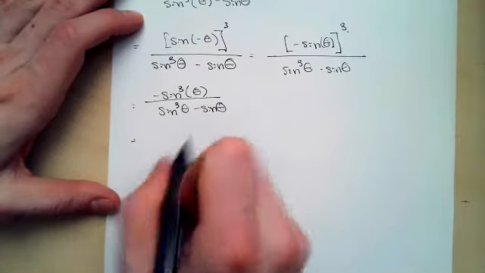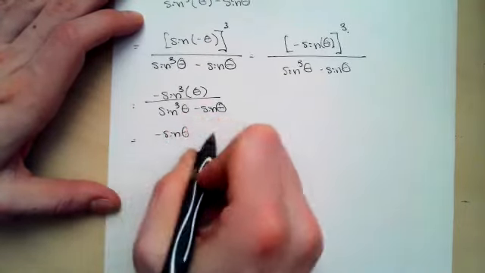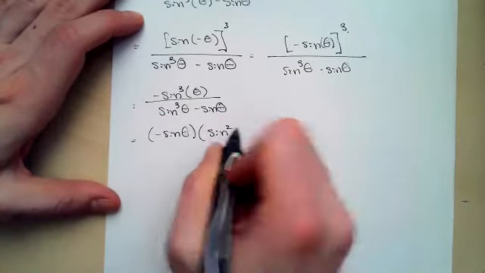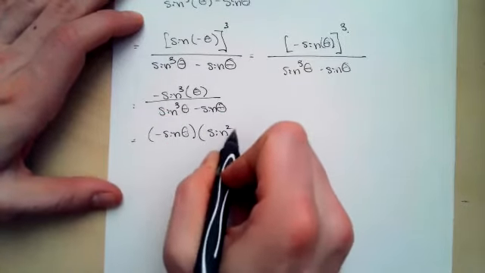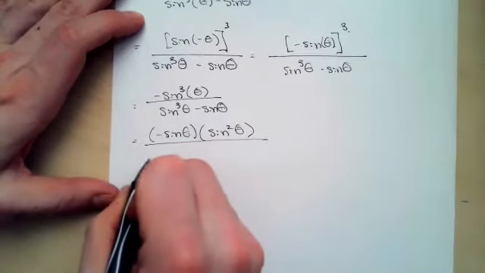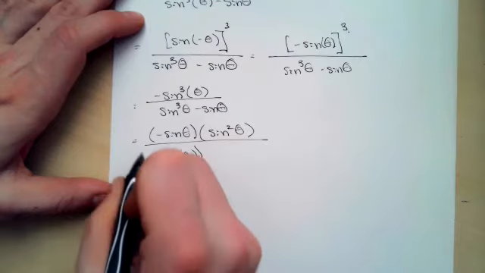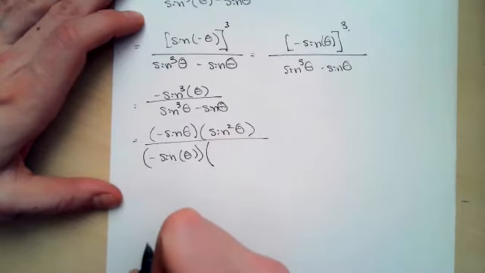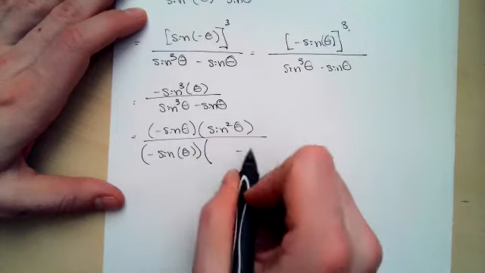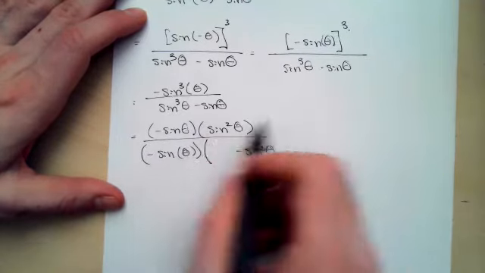And you notice that in the denominator, we at least have one factor of sine. I'm going to actually factor out a minus sign just so we can get rid of that minus sign in the numerator. So when I factor out a minus sign from the denominator, the sine cubed will be a minus sine squared, and the minus sign will just be 1.